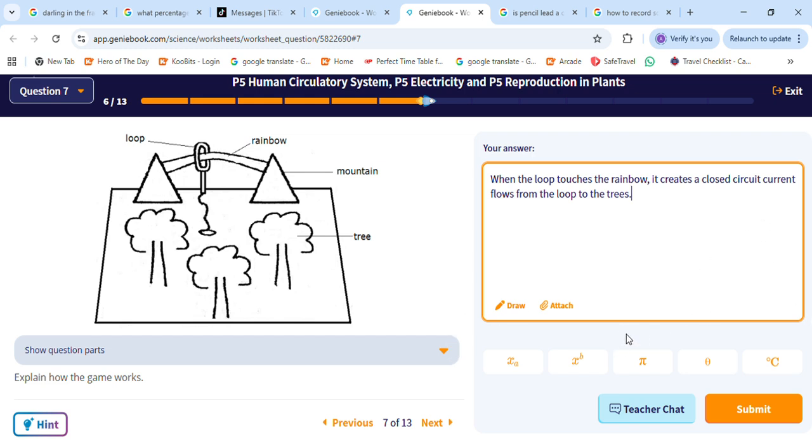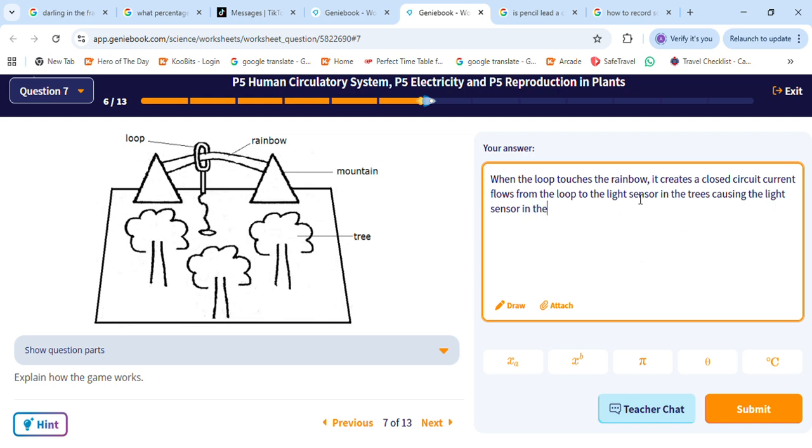This current that flows from the loop of the tree. Loop, the trees to light sensor in the trees. Bring the light sensor in the light sensor.